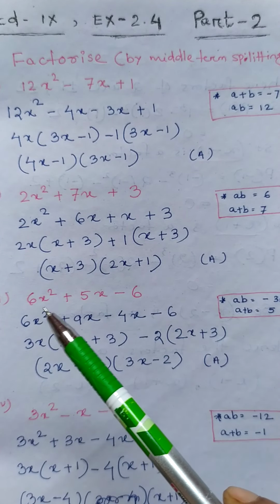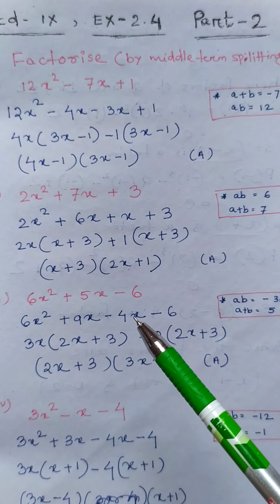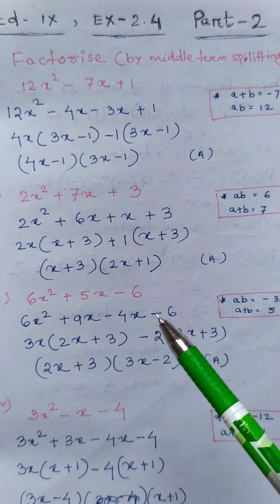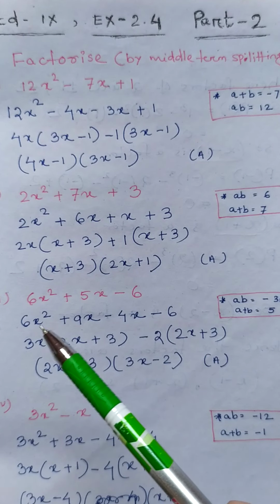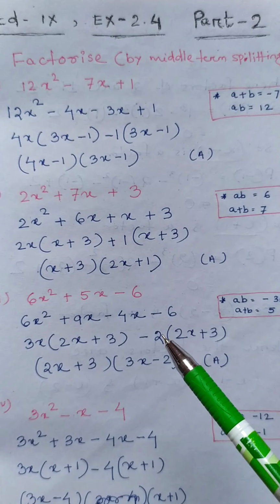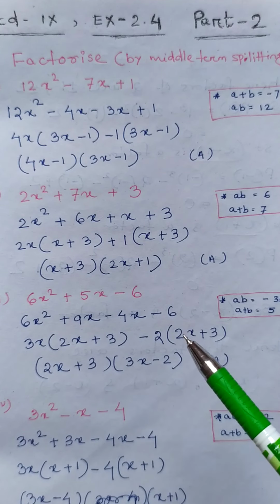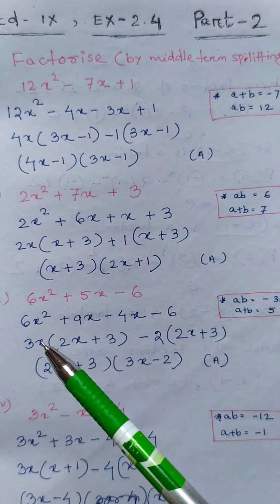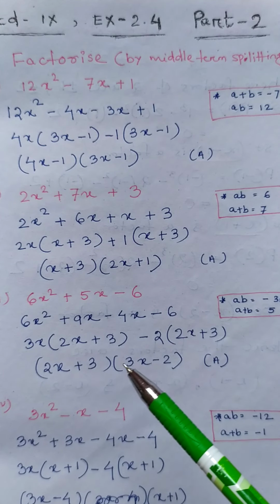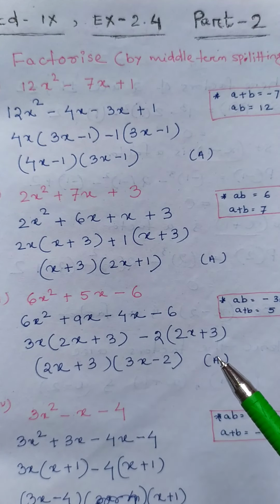So two numbers will be plus 9x and minus 4x. Writing it in this manner and taking common 3x from the first and second terms, and 2 from the third and fourth terms, we get 2x plus 3 and 2x plus 3, and 3x minus 2 will be common. 2x plus 3 whole into 3x minus 2 is the answer.